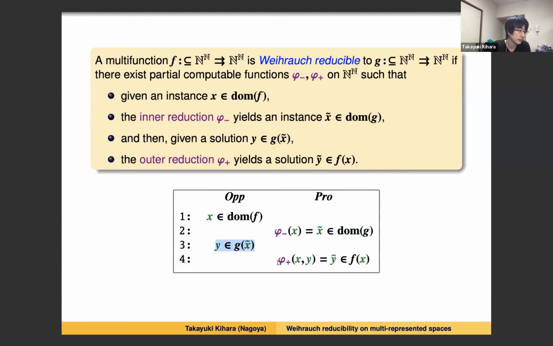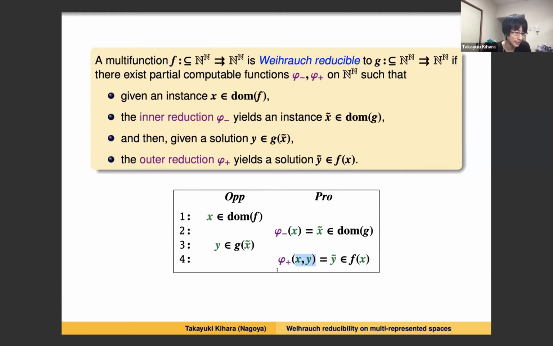And the proponent looks at it and makes a solution y tilde of f(x). So this is a Weihrauch reduction. The important point is that the proponent's first move depends only on x, and the next move depends on x and y, since the game has more information in later rounds. So this is Weihrauch reducibility in the case of Baire space.